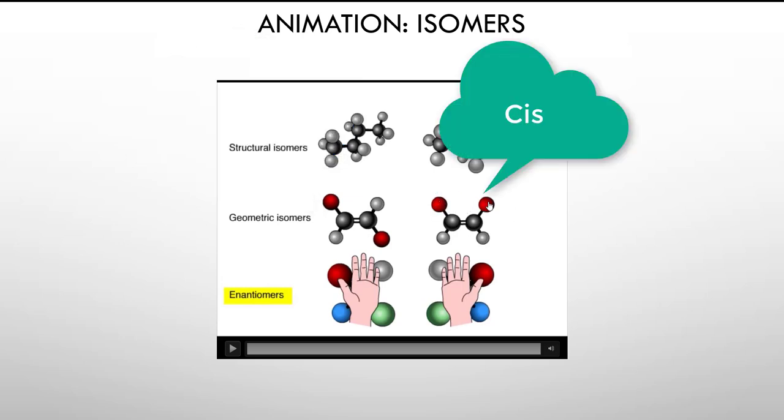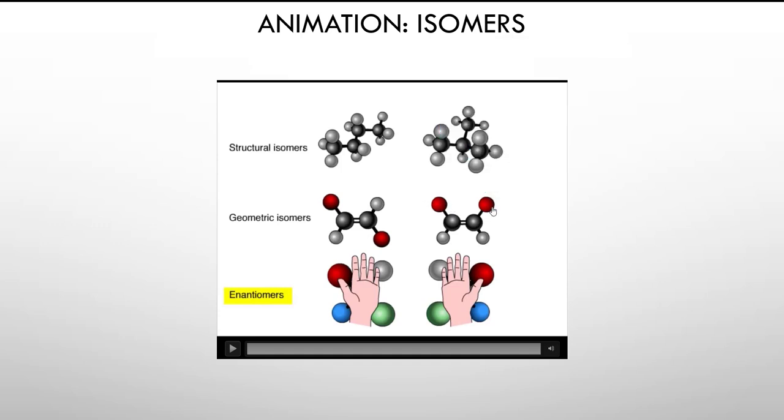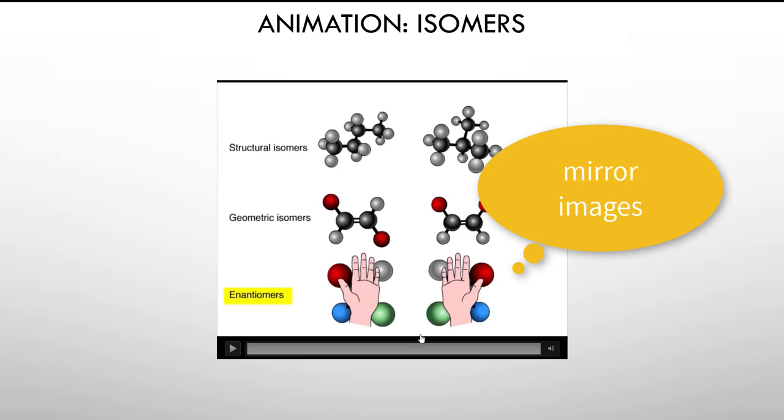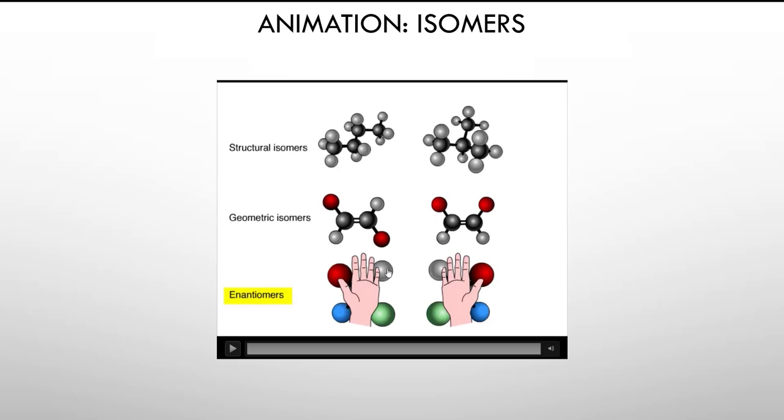Cis means same, so these 2 atoms, whatever they are, are on the same side together. Trans, opposite. And then finally we have the enantiomers. So enantiomers, if I put a mirror right down the center, they're mirror images of each other. Okay, so here's the gray, and then the red, the blue, and then the green. So they're mirror images of each other.